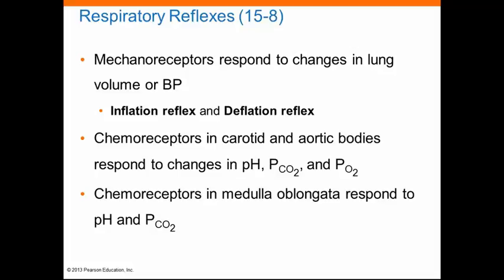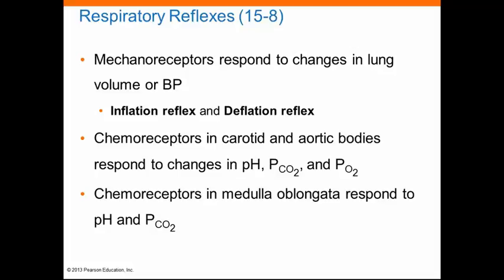Afferent fibers of the vagus nerve inhibit the dorsal respiratory group as lungs reach maximum expansion, and at the same time they stimulate the ventral respiratory group to start exhalation. The deflation reflex senses the end of exhalation, inhibits the ventral respiratory group, and stimulates the dorsal respiratory group to start inhalation.